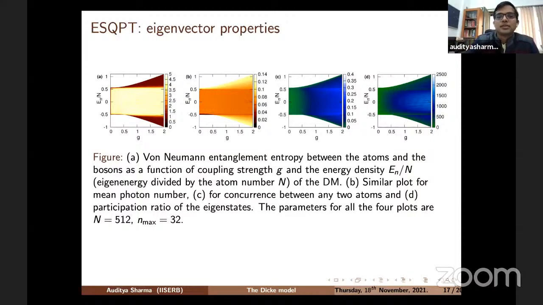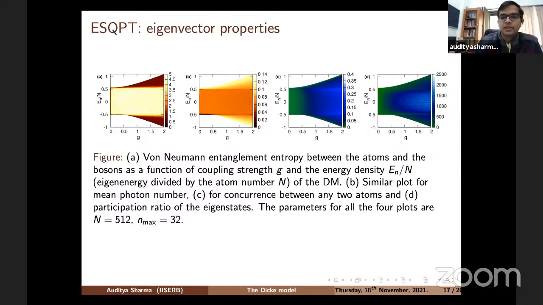So figure C is about concurrence, and figure D is about participation ratio of the eigenstate, which is also sensitive to this. So we see that the central band participation ratio, that's blue, has a higher value. So you get a higher value in the superradiant phase, and the normal phase is somewhat like the bottom band and the top band, right?